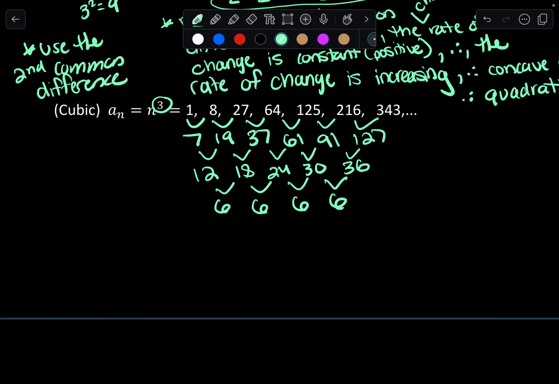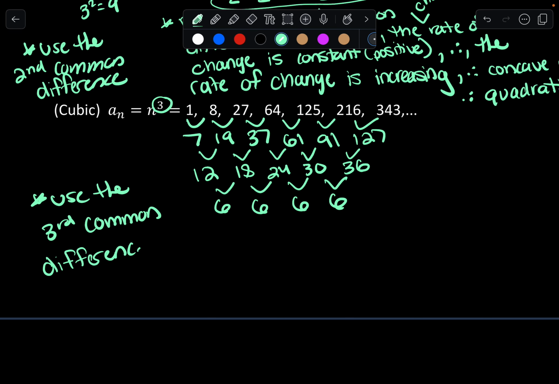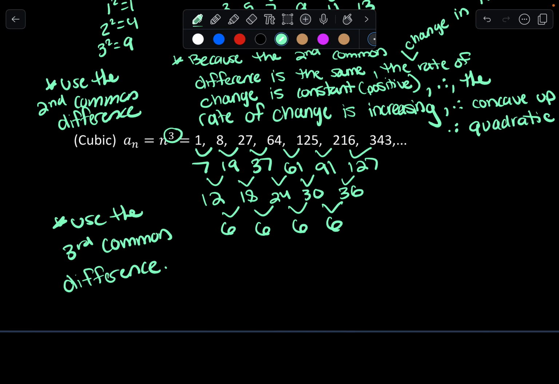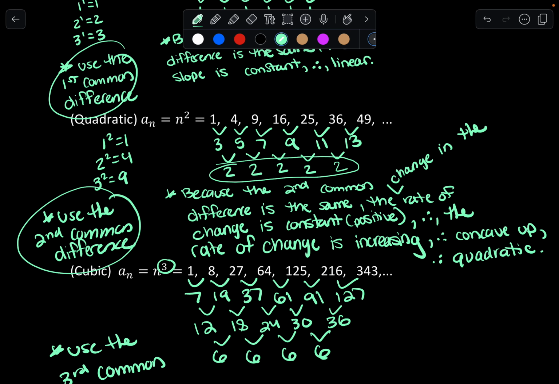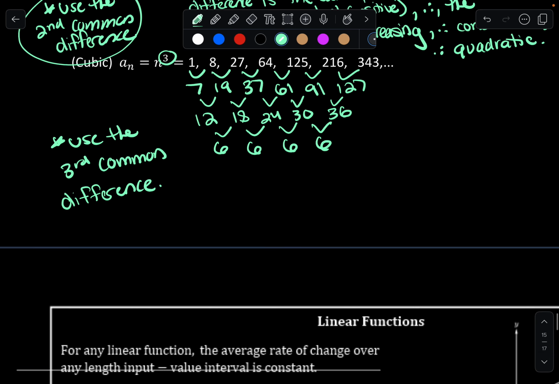Okay, so that means for this one, we use the third common difference. However, the focus will be these two, first common difference and the second common difference.